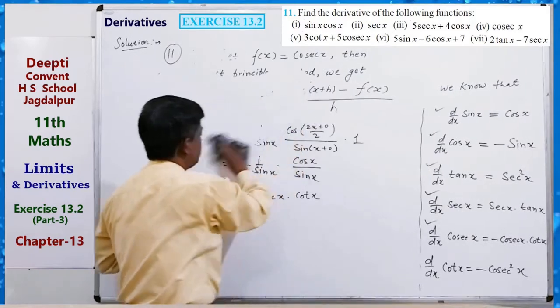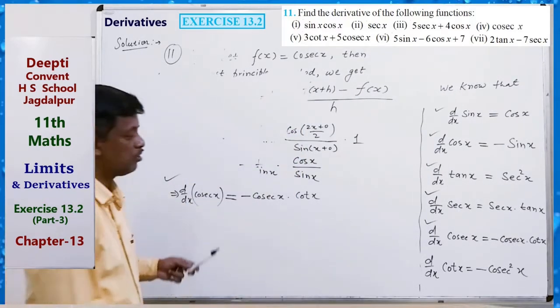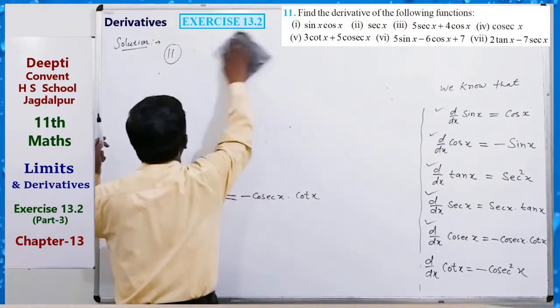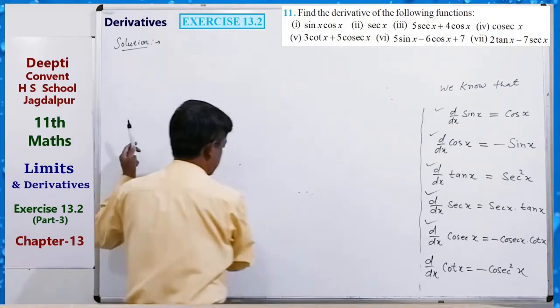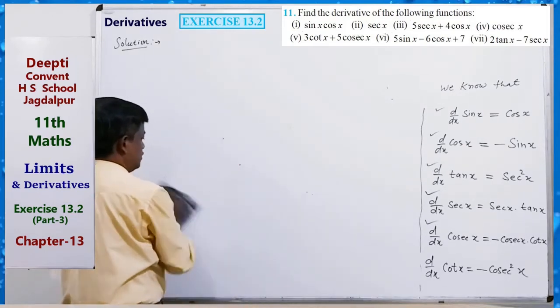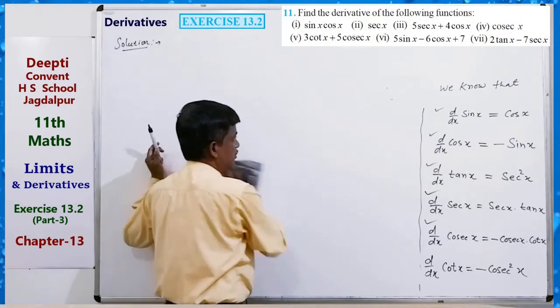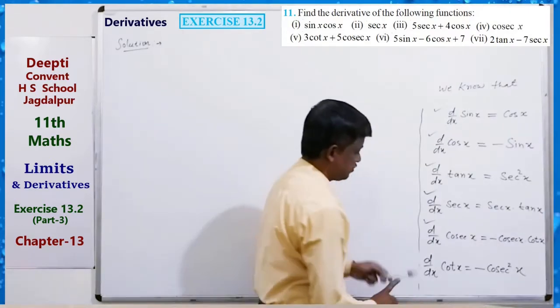So we are left with finding the derivative of cot x. Just up to this stage, we know these are formulas.